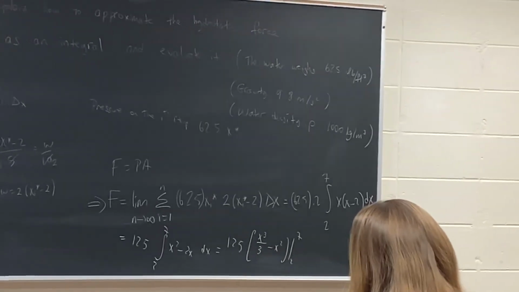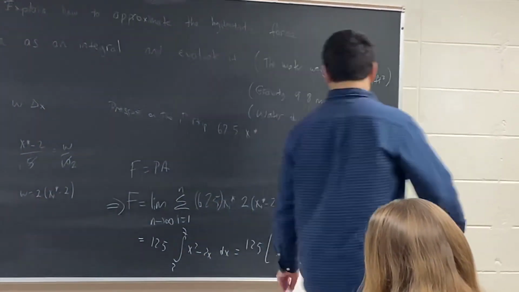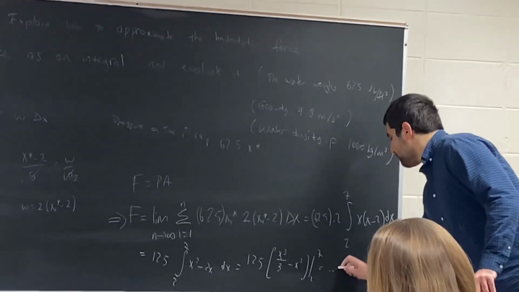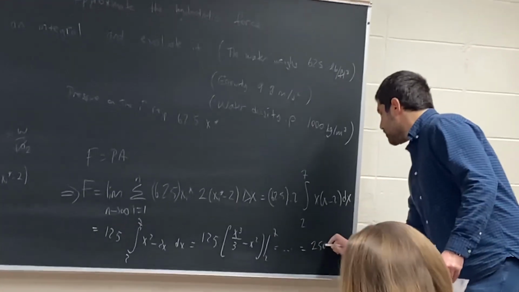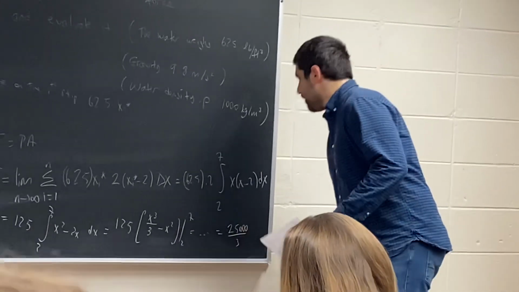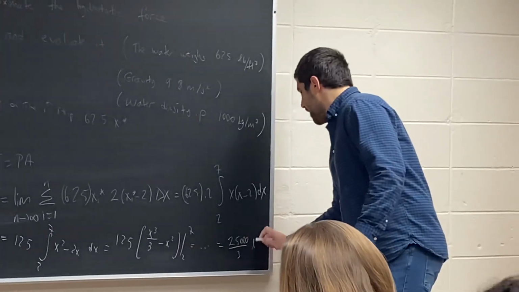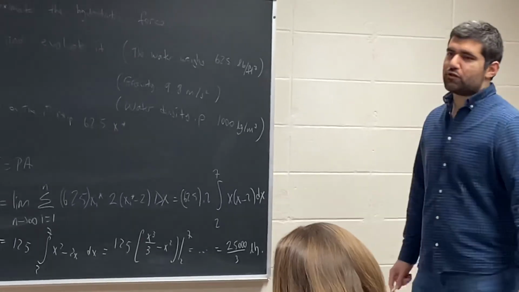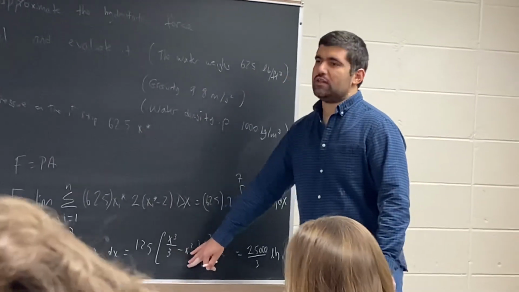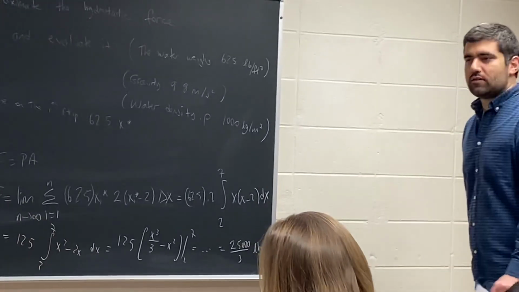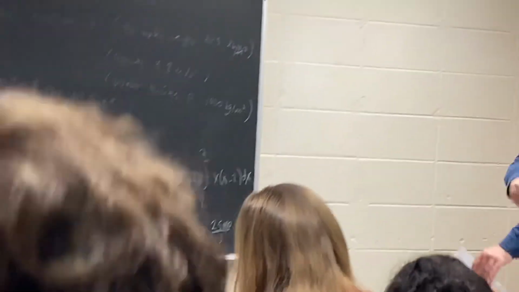If you plug 7 for x and then 2 for x, you will get 25,000 over 3 pounds. Since you're not allowed to use a calculator in the exam, you can just plug in and leave it like that. You don't need to get the final answer.